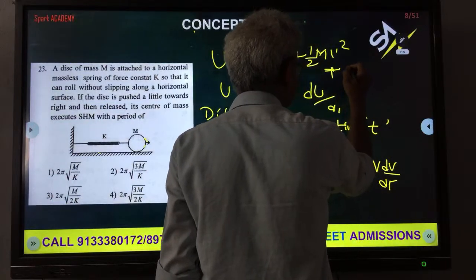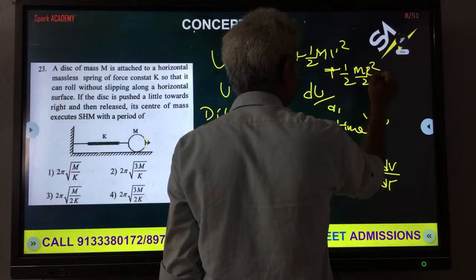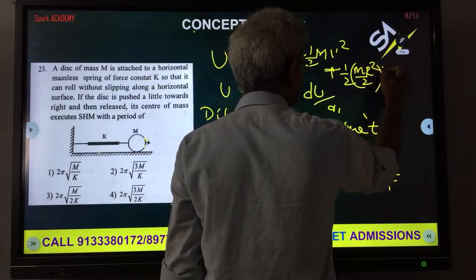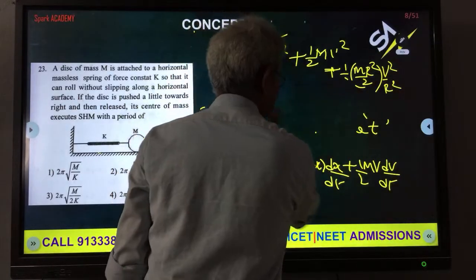I will convert I into the moment of inertia of a disc, mr square by 2, and omega is v by r, so omega square is v square by r square.